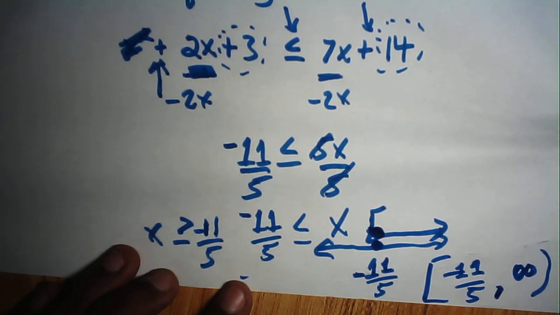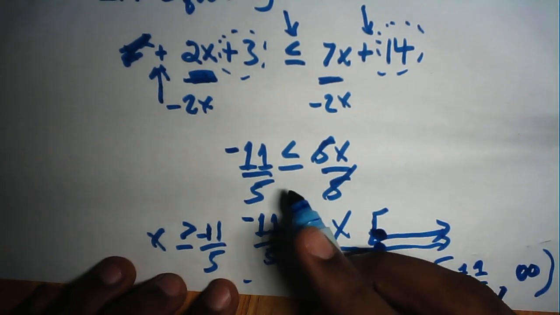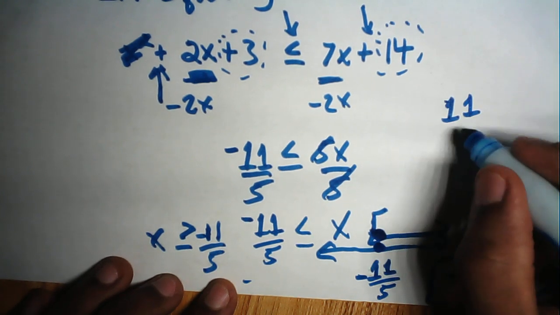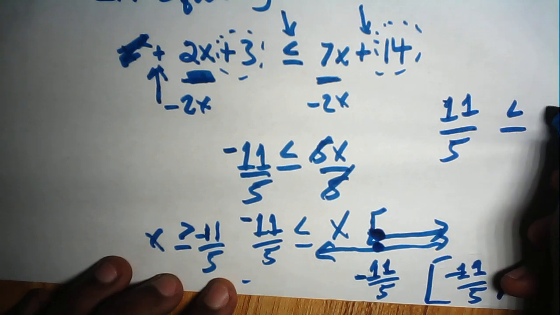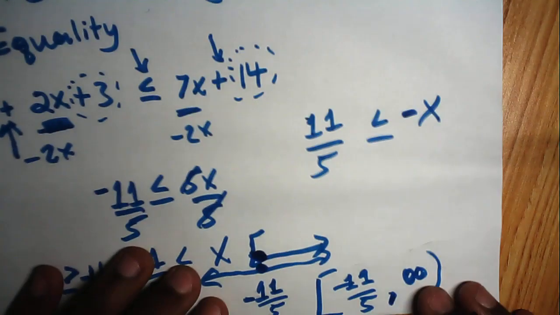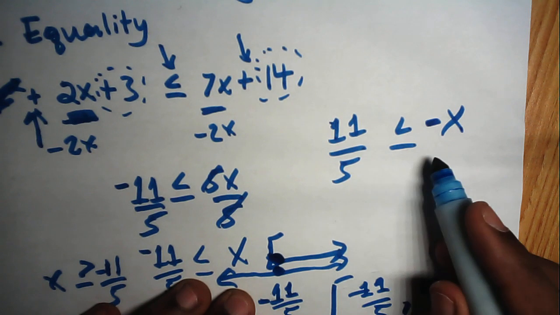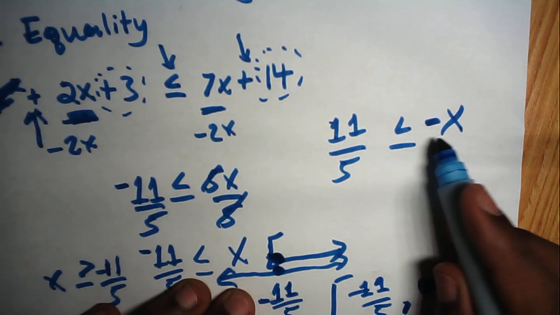Remember, there's also another property with inequalities that says if you divide by a negative, you have to switch the sign. So say, hypothetically speaking, this was not like that, but this was negative x here. If this was negative x here, what do I have to divide by to get that not to be on that side?